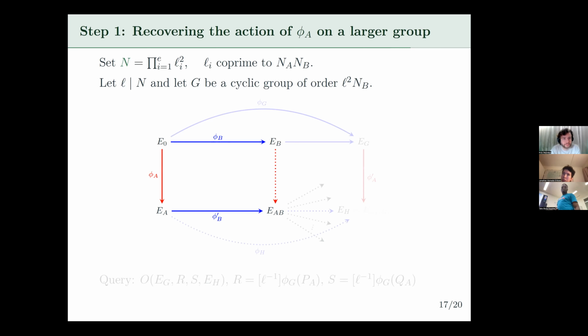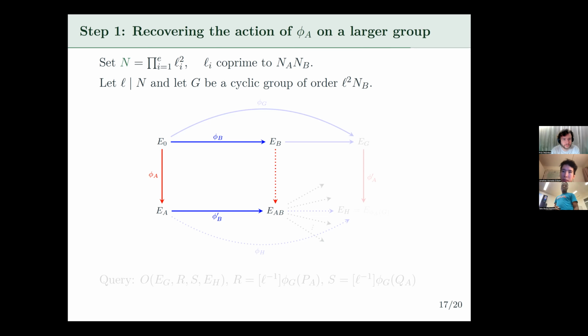So when I pick a group of order L squared times nb, this group, if it is cyclic, contains a unique subgroup of order nb, which represents an isogeny phi b. You can, of course, run the SIDH key exchange with this subgroup as your secret group, and then you will get this square, which is described on the board.